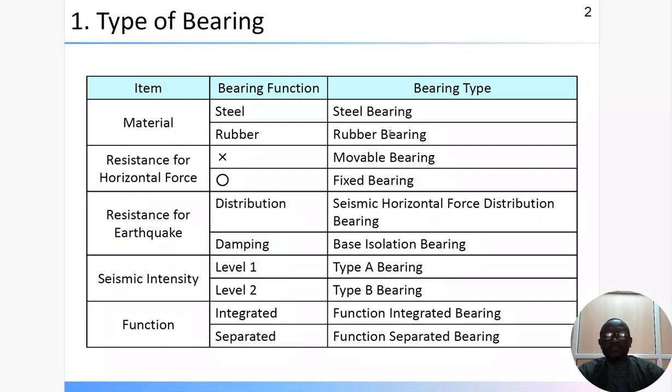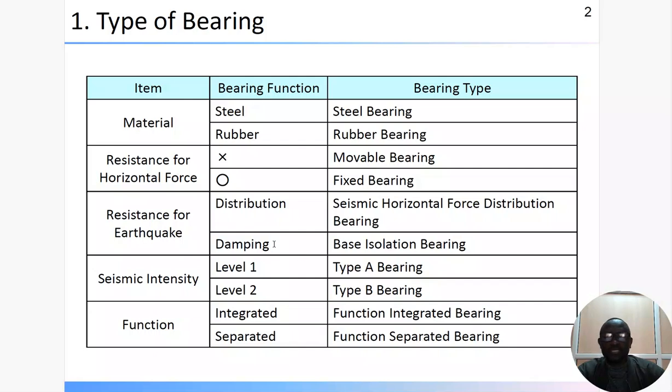So these are some of the symbols they normally indicate. And then distribution: seismic horizontal force distribution bearing. These are under the bearing type and the bearing function.